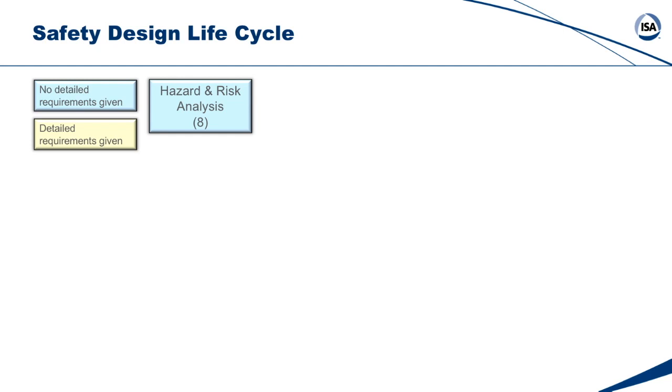Now the numbers in the boxes are the clause numbers in the standard that go through more detail on this. Clause 5 was on management. We'll see all the clause numbers eventually. Once you've done the hazard and risk assessment and you identify the safety instrumented functions you need, well, actually that's coming here in Clause 9, you allocate: what are we going to do? What safety layers might we have to prevent overpressure or high level or low flow or whatever the case is?